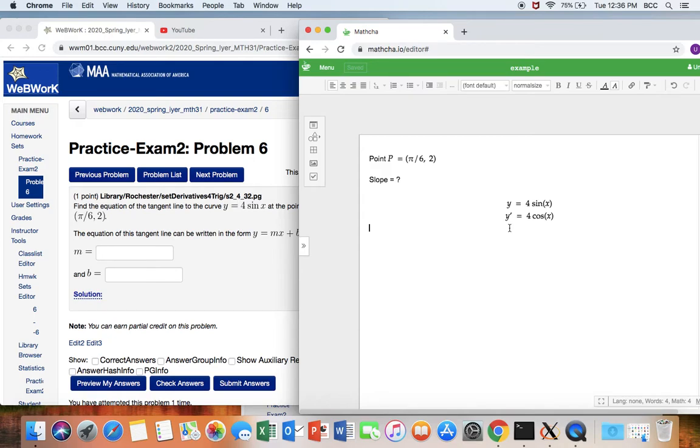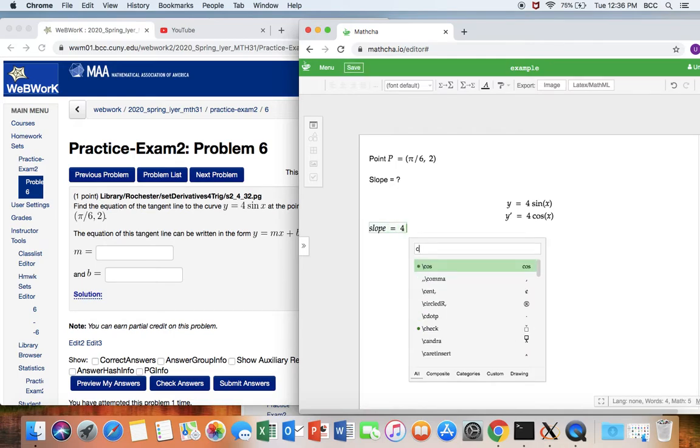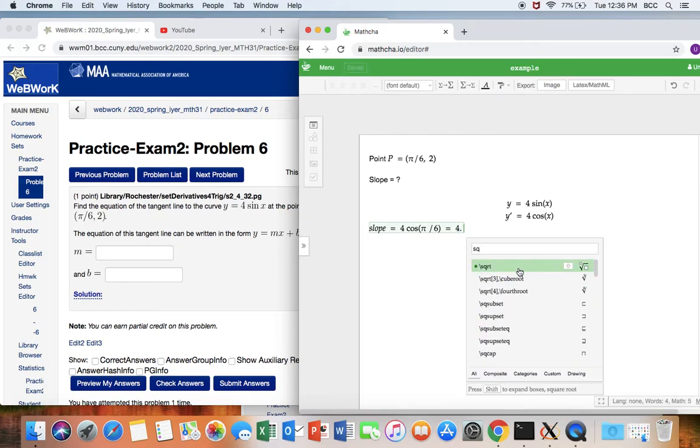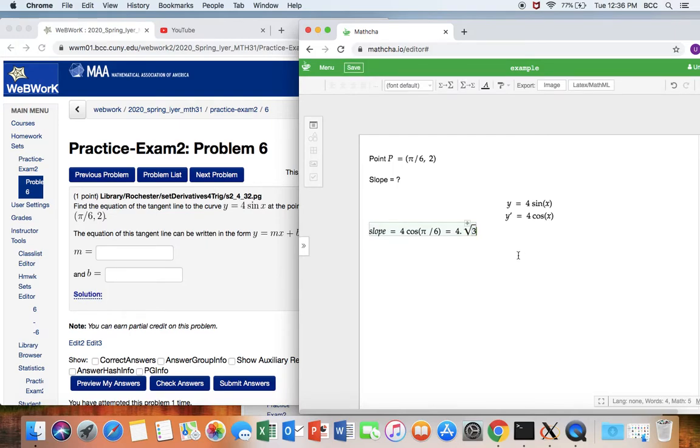So the required slope is 4 cosine of pi over 6. You see, that is 4 times, what is cosine of pi over 6? It is square root 3 over 2. So notice, how do we write it?